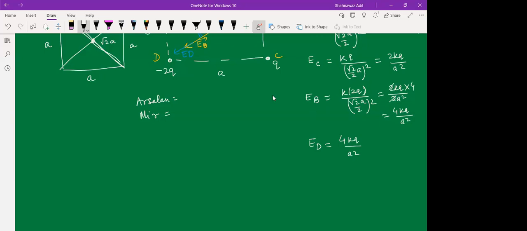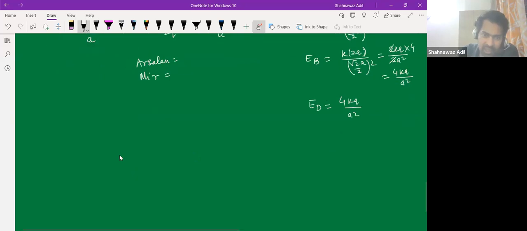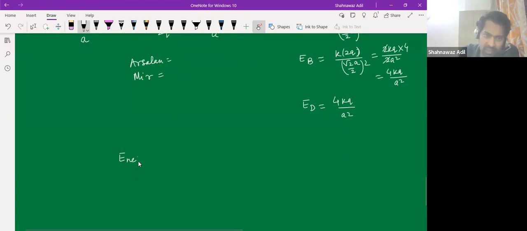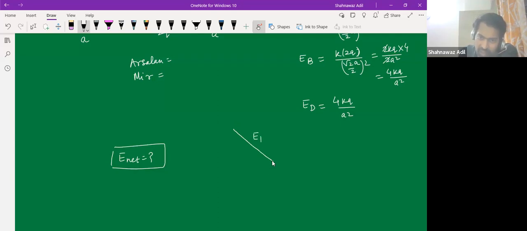Right? Yes, sir. So now let us write E net. We have to find the magnitude of E net. And we know that these are vectors. Let's say this is E1, and let's say this is E2, drawn perpendicularly, right? So this is 90 degrees. So E1 is what?